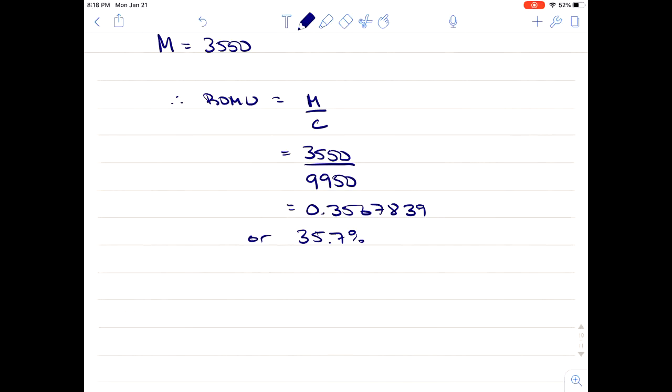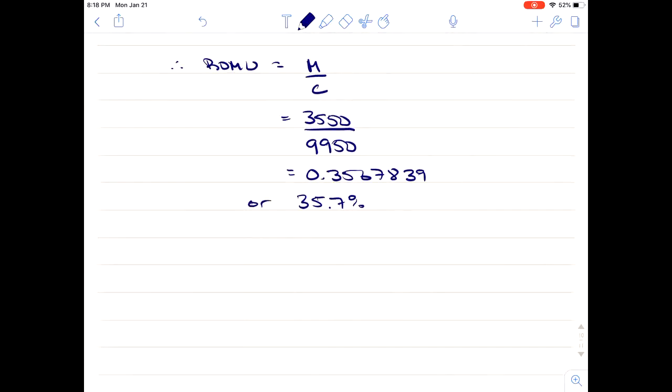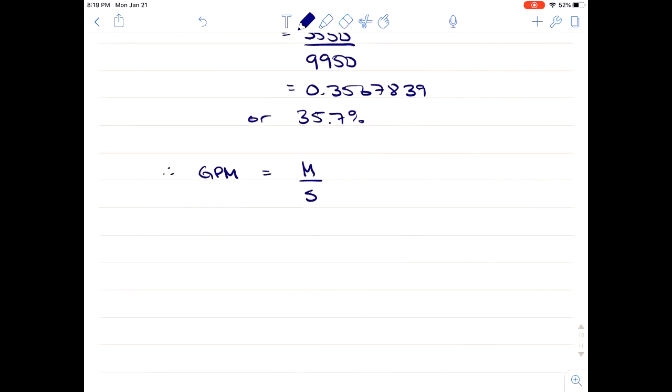I've got two options for calculating my gross profit margin now, because I know my ROMU, but I also know the amount of the markup and the selling price. Therefore the gross profit margin is M over S, 3,550 over S, which was 13,500.